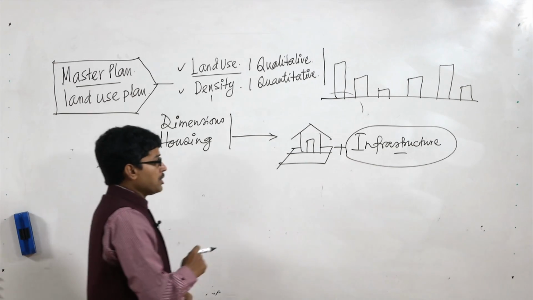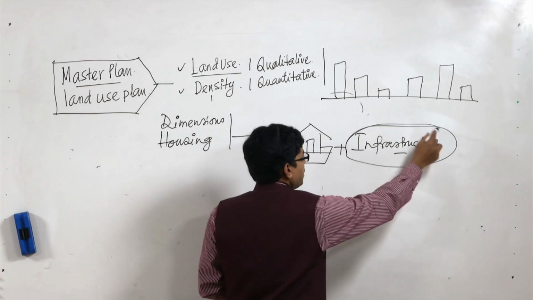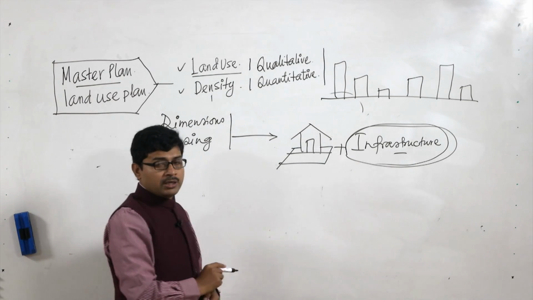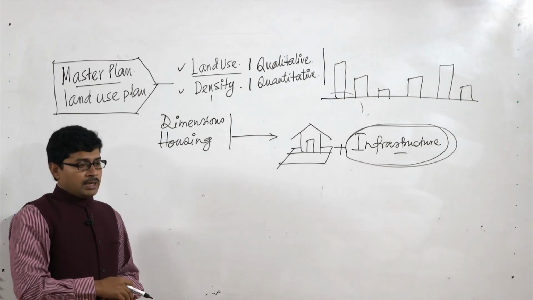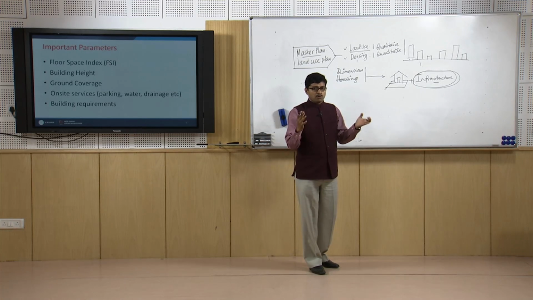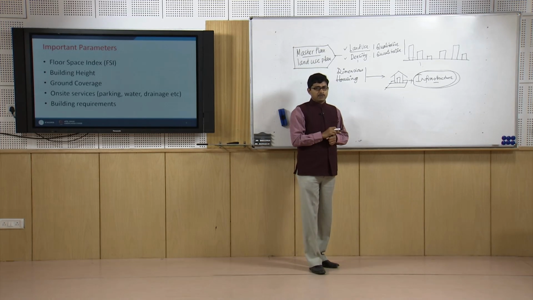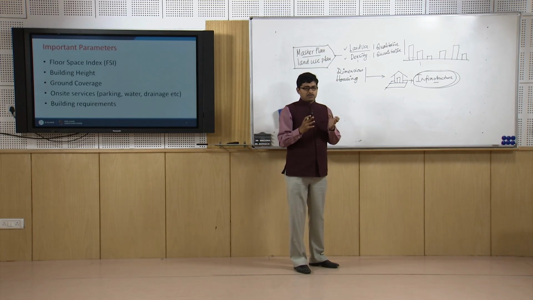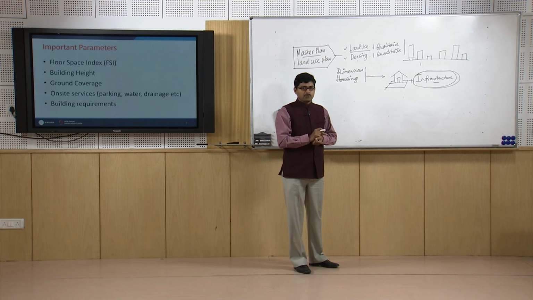So how will this amount of infrastructure be determined, on what basis? Think about the water supply situation for a city. If the population is more, the water supply requirement will naturally be more. If the population is less, the water supply requirement will be less.